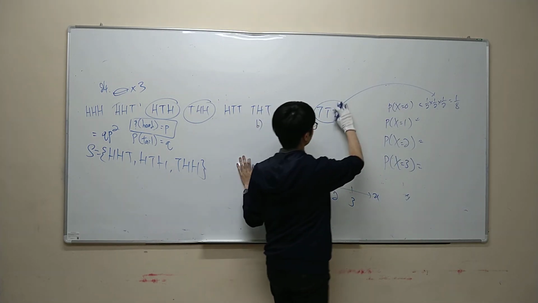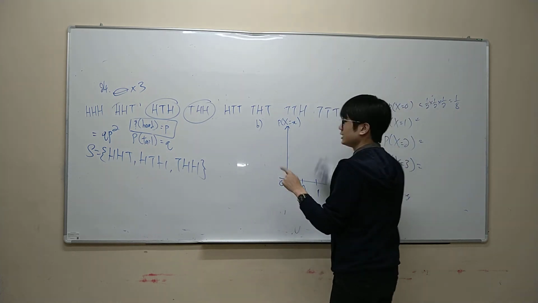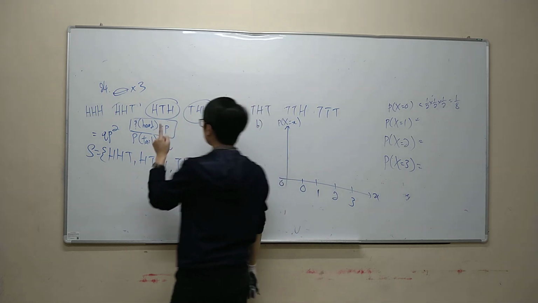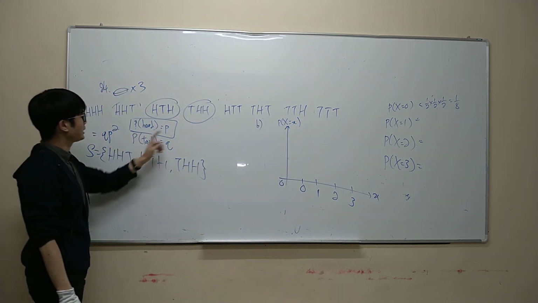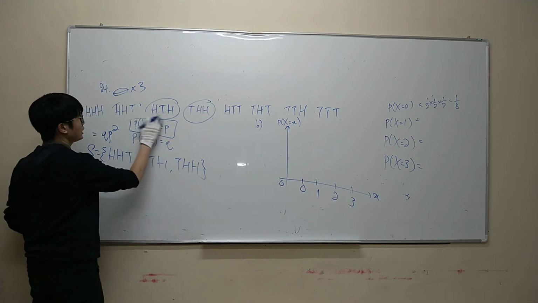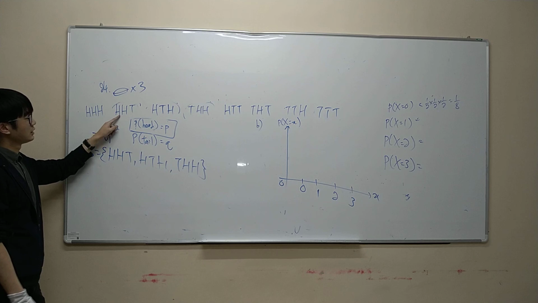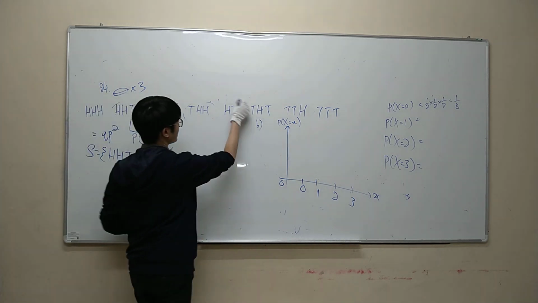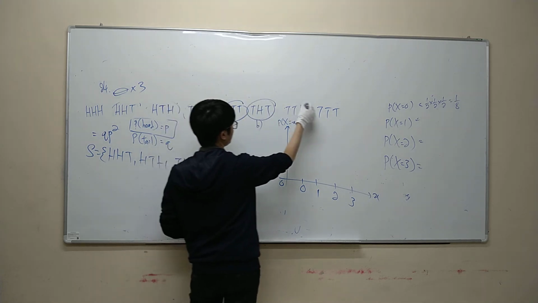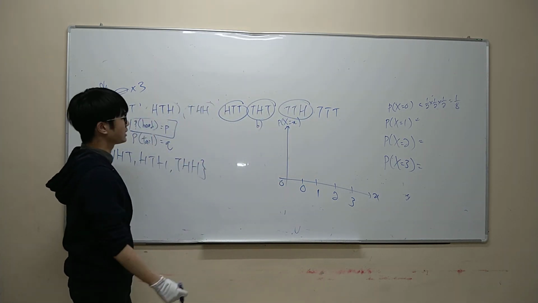What about P(X = 1)? What does P(X = 1) mean? It means out of the 3 tosses, one of the 3 tosses is a success, so there must be one head. Which one has one head?